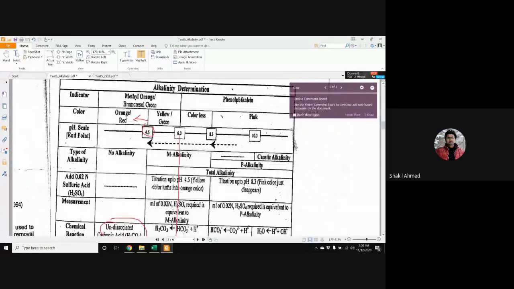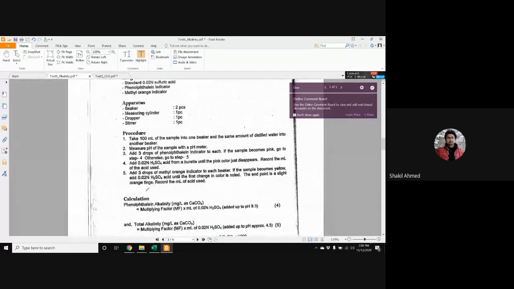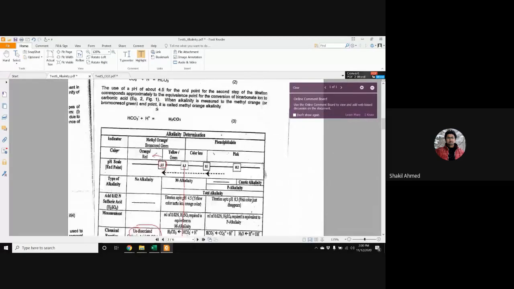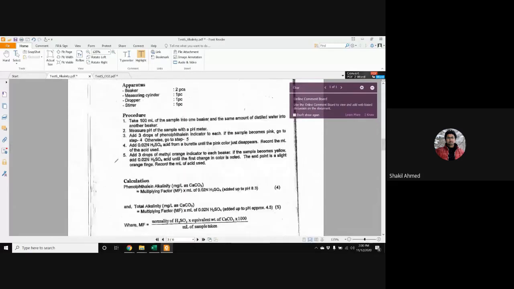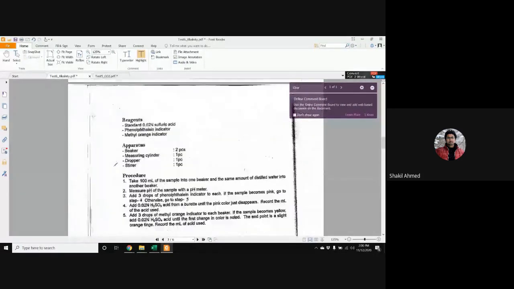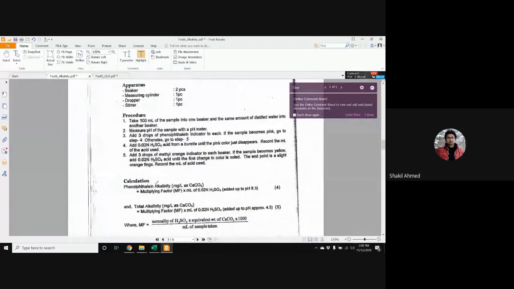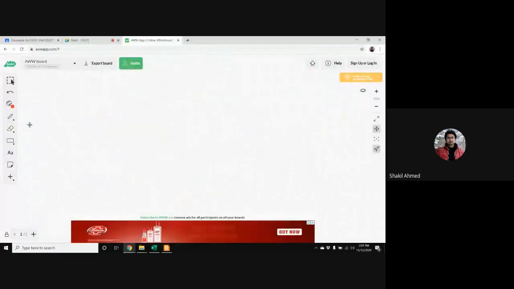Now, how to calculate alkalinity? Very easy. For example, you have water here whose alkalinity you want to measure.